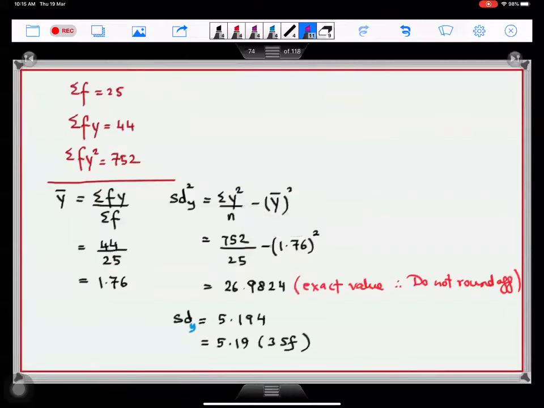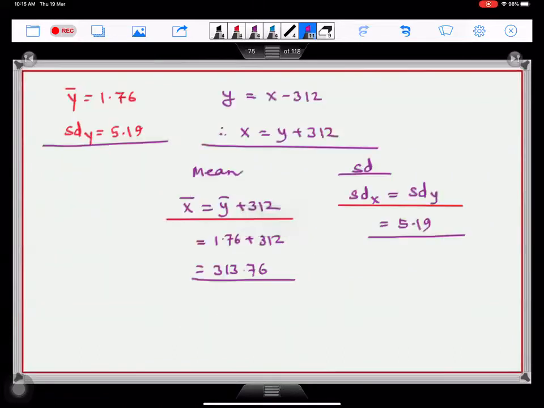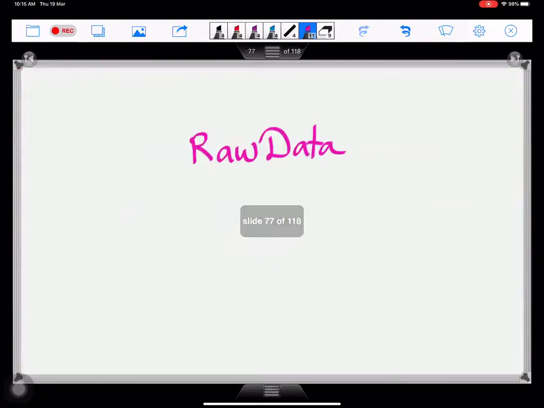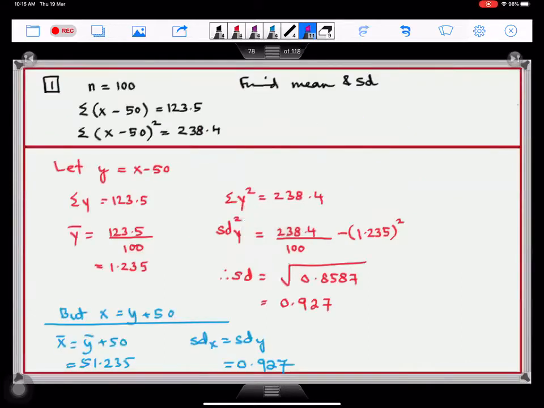You calculate y bar, you calculate the variance or the standard deviation, whichever one they have asked for. The mean is increased by whichever value was subtracted. In this case, that was 312, so add back 312. What will happen to the standard deviation? Standard deviation remains unchanged.